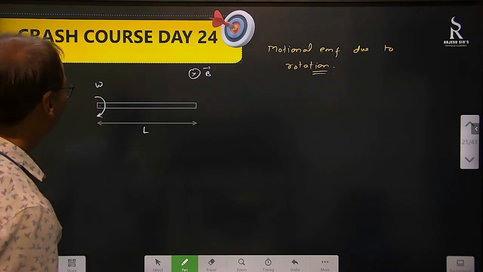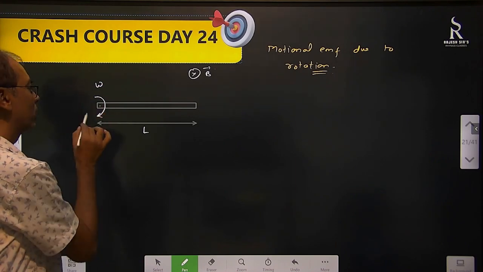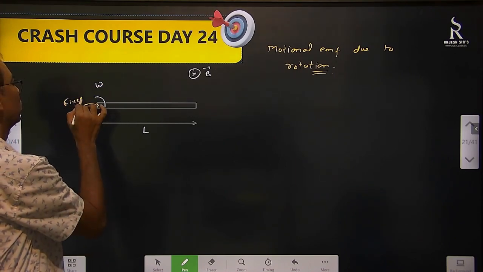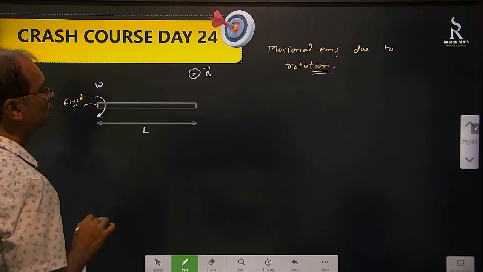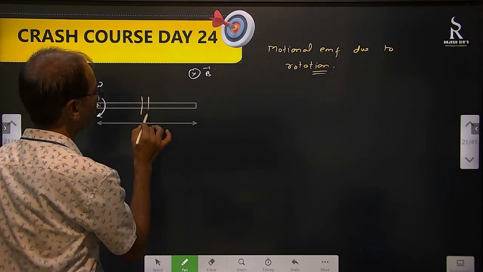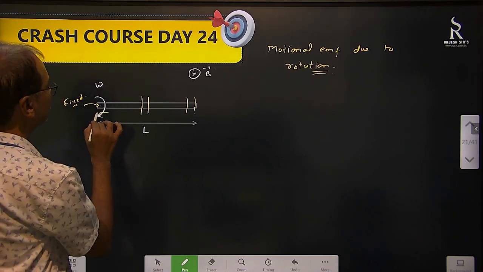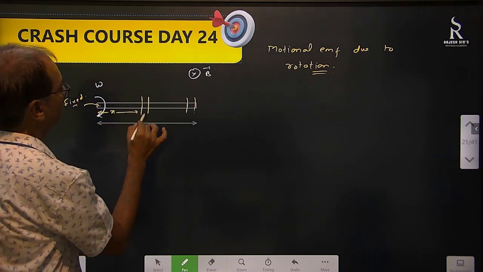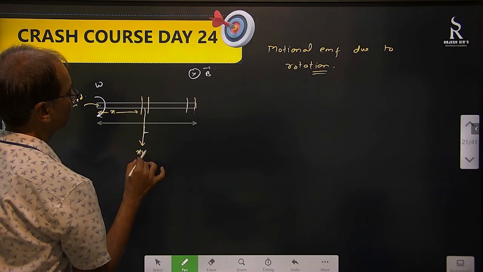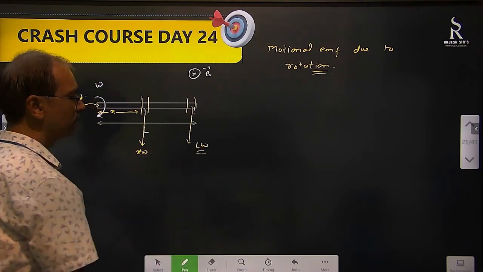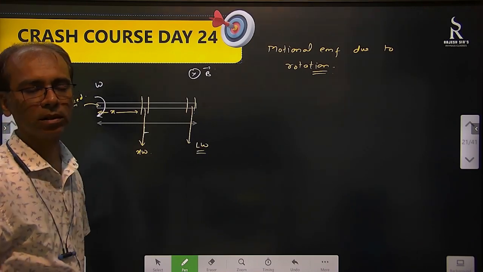But the problem is that it's rotating like this and this end is fixed. This end is not going to go, so all of this is rotating. Because of this, every segment has a different velocity. If I say this is x, then its velocity is x omega, and at the end its velocity is L omega. So every segment is moving with a different velocity.